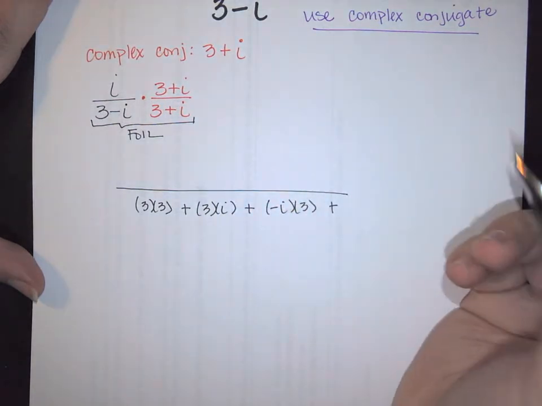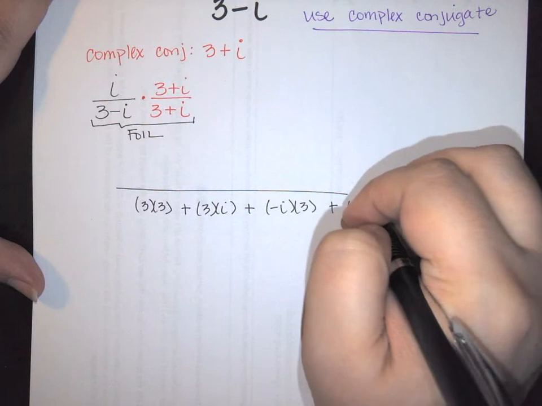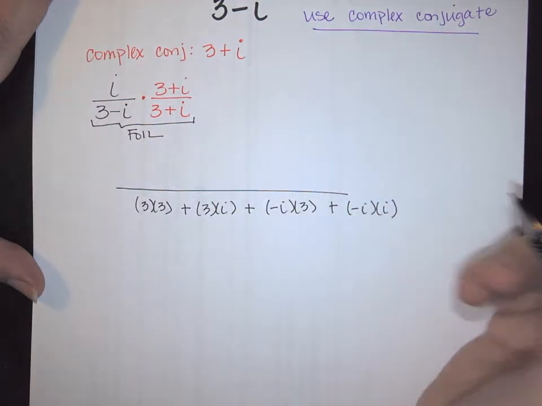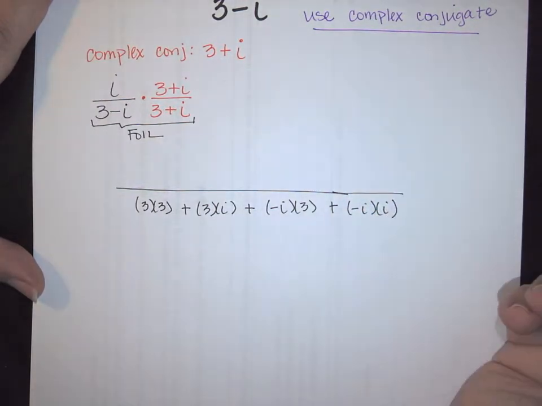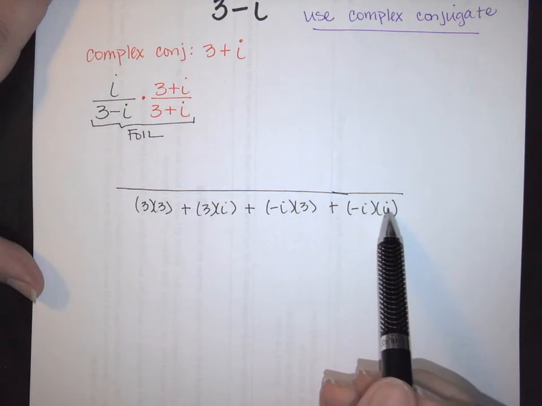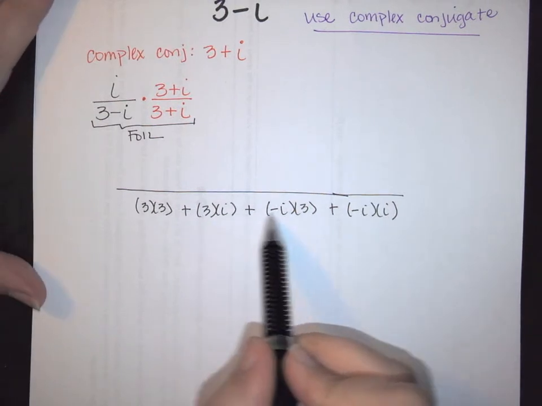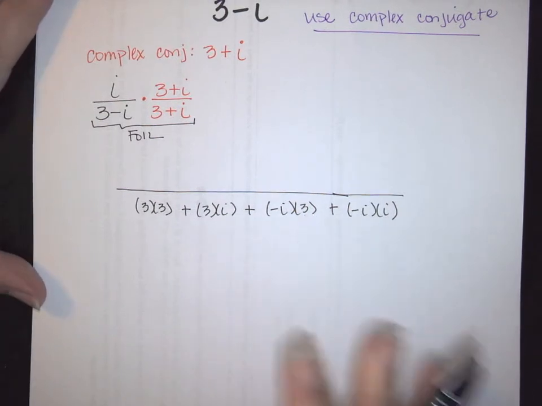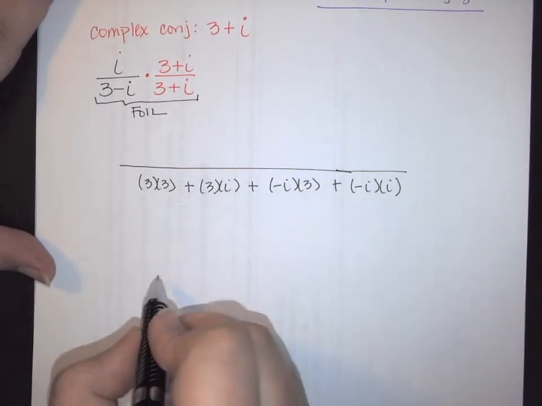And add it to my last, negative I times I. Now, once I FOIL this together, the part that I'm looking for is that this middle term cancels.